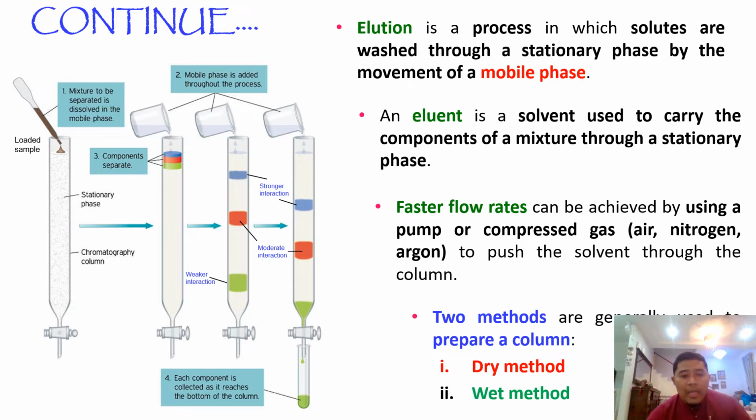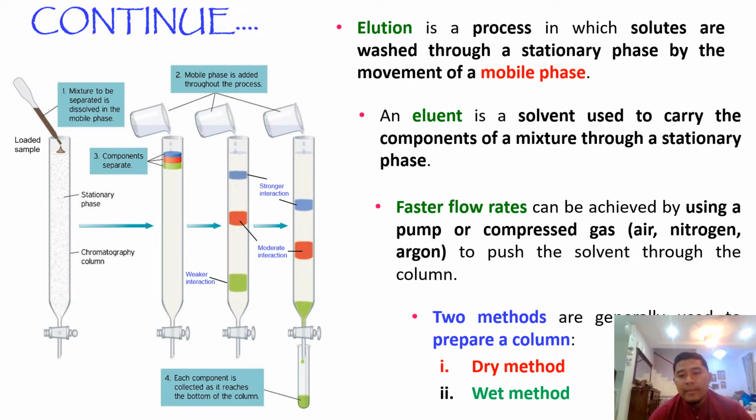The first color, which has a weaker interaction with the stationary phase, will elute first, followed by the red color, which has a moderate interaction with the stationary phase, so it will elute second. Meanwhile the third one, the blue one, will elute last because it has a stronger interaction with the stationary phase.